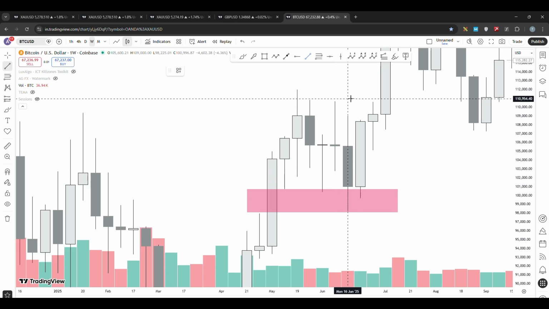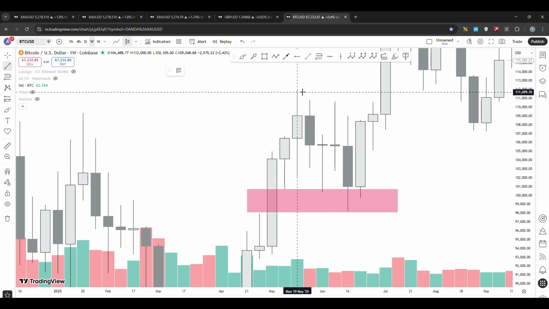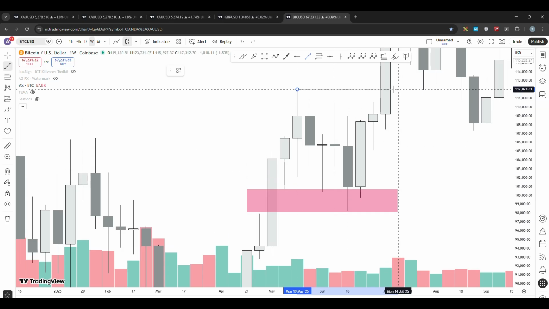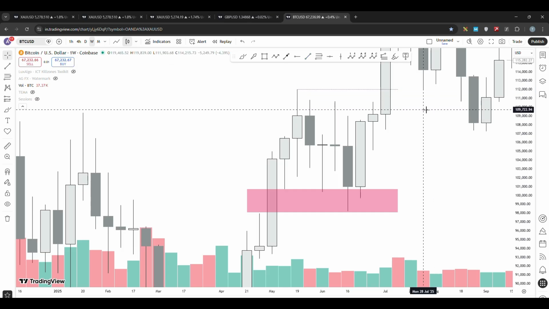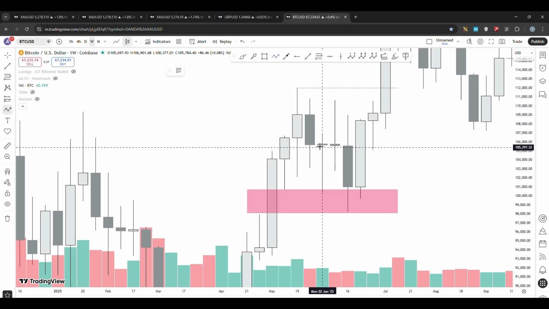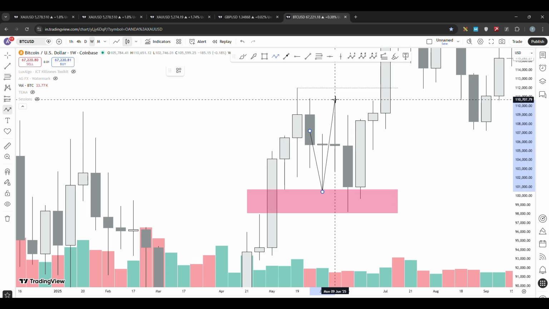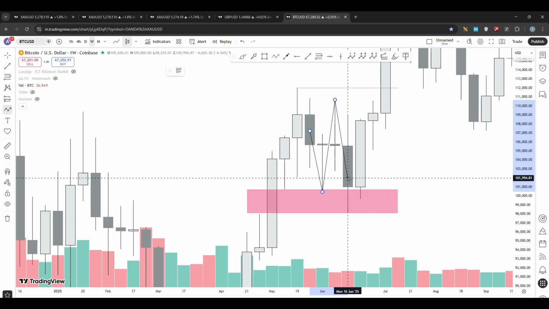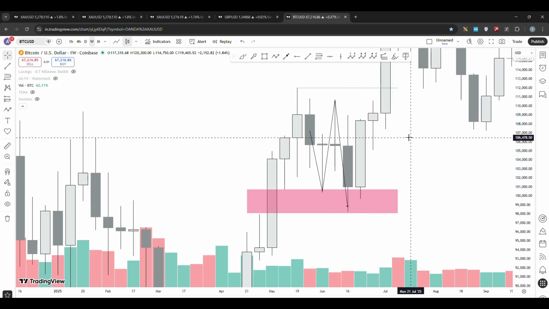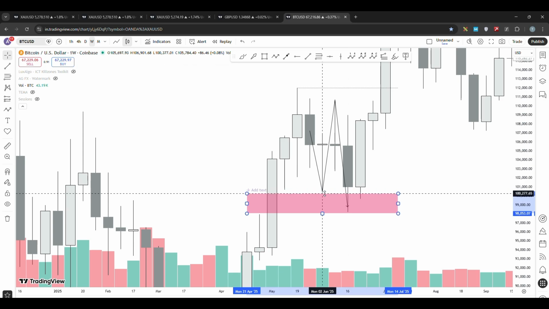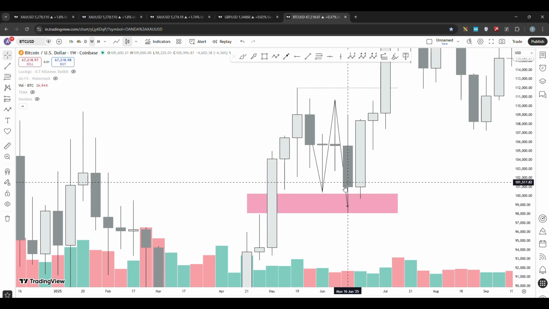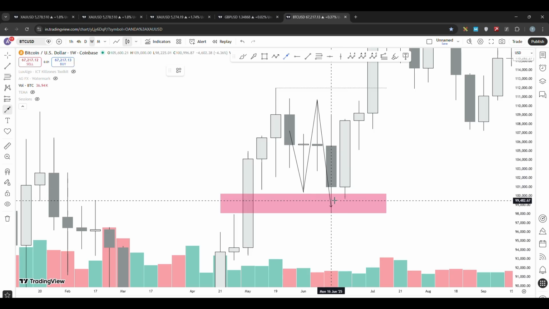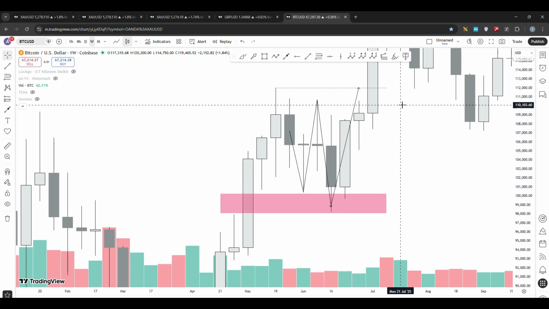So according to the structure, as much as we have learned that market should now go to the liquidity, right? But you can see what market does is, even though there was a massive reaction and market went very close to our liquidity, market did not actually take the liquidity. Market dropped once again to fill the remaining fair value gap that it has left, and then market pushed higher to target the liquidity, right?